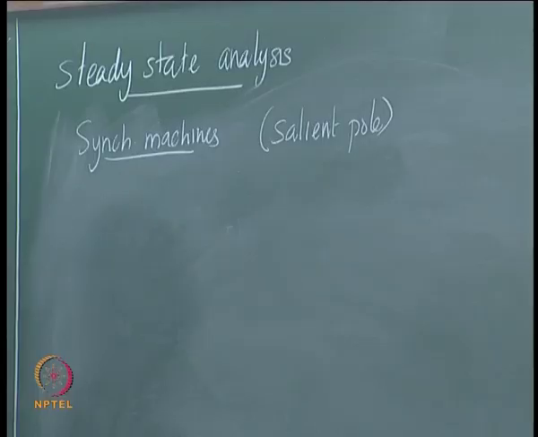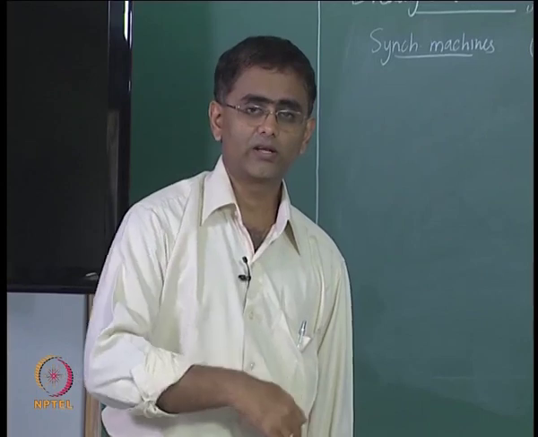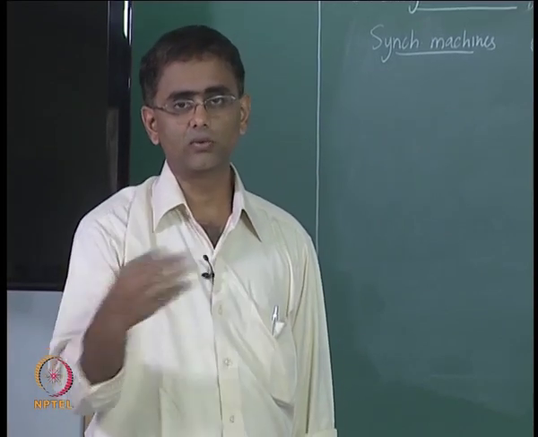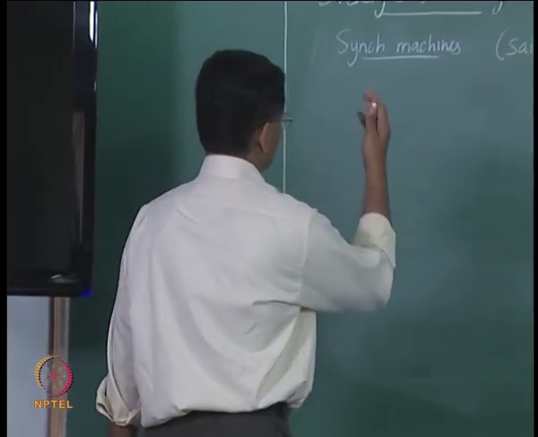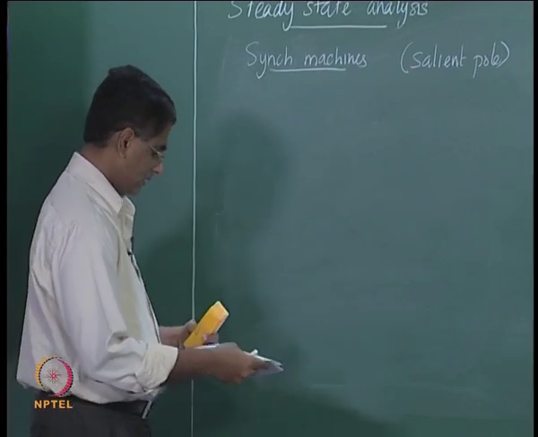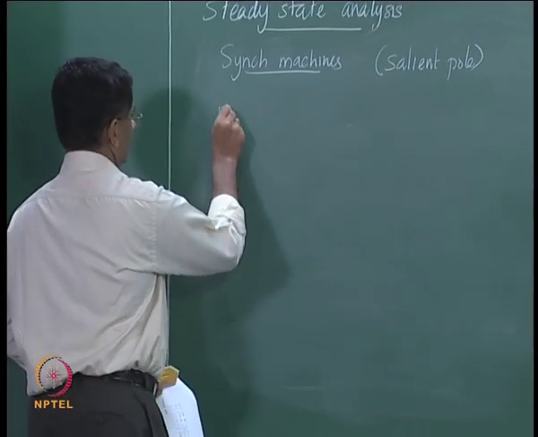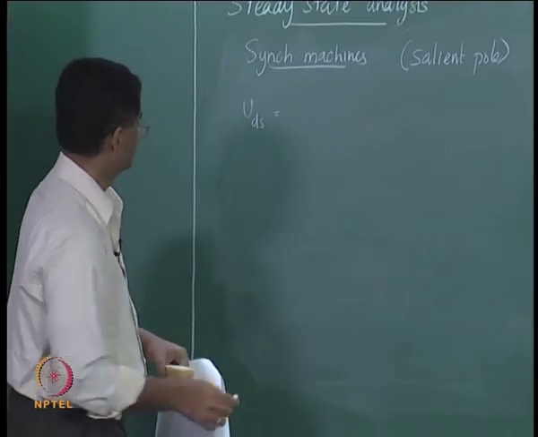As we saw earlier, the cylindrical rotor variety is easily deduced from the salient pole equations by setting the direct axis synchronous inductance equal to that of the q axis synchronous inductance. So it is enough if we solve this, the other case is easily done. So we have again the equations on the d and q axis.